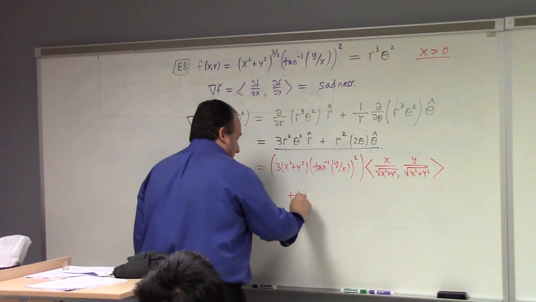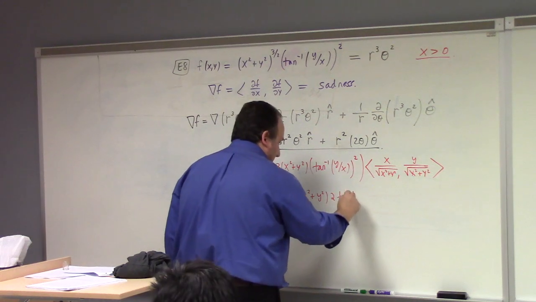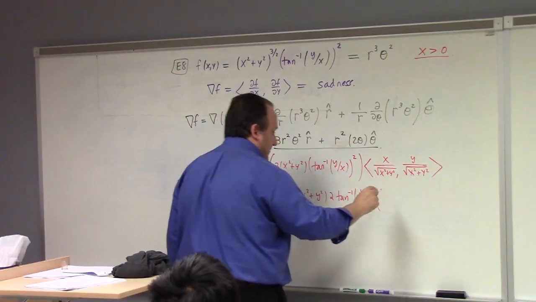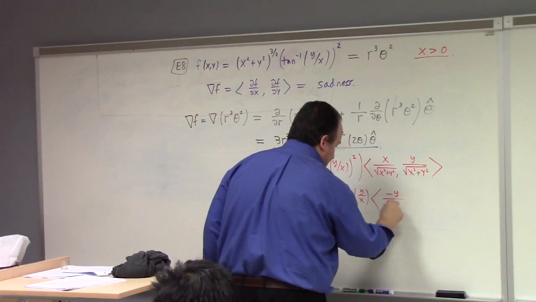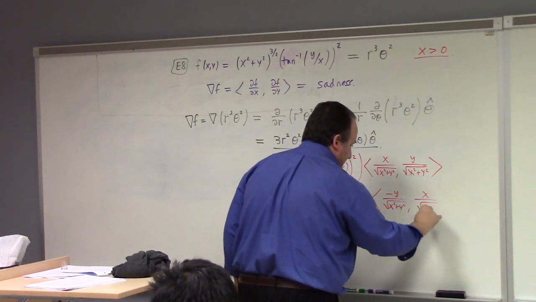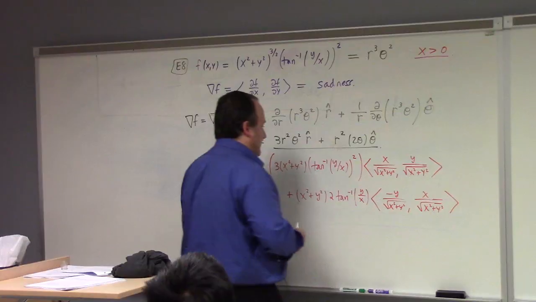And then you got your x squared plus y squared times twice the inverse tangent of y over x. And then your theta hat is minus y over the square root of x squared plus y squared, comma, x over the square root of x squared plus y squared. But kind of the whole point of this is not doing what I just did in red.